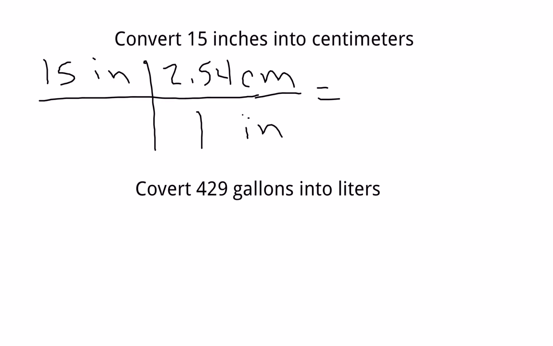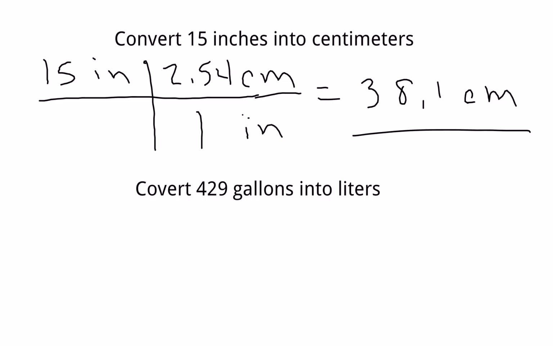So if you plug that into a calculator, I'll let you do that for a second. Hopefully what you end up with is 38.1 centimeters. All right? So now we've converted inches into centimeters.